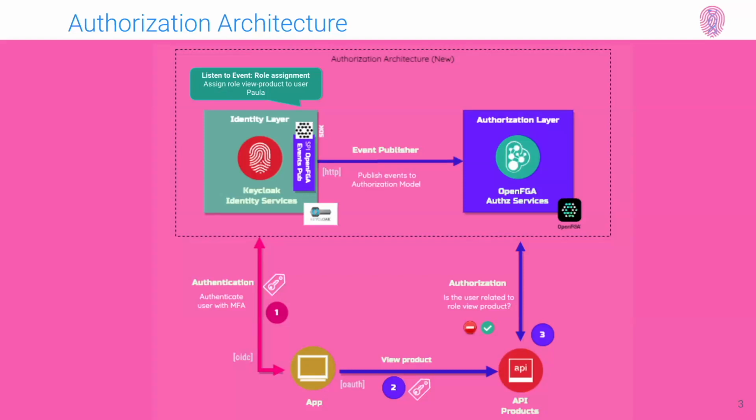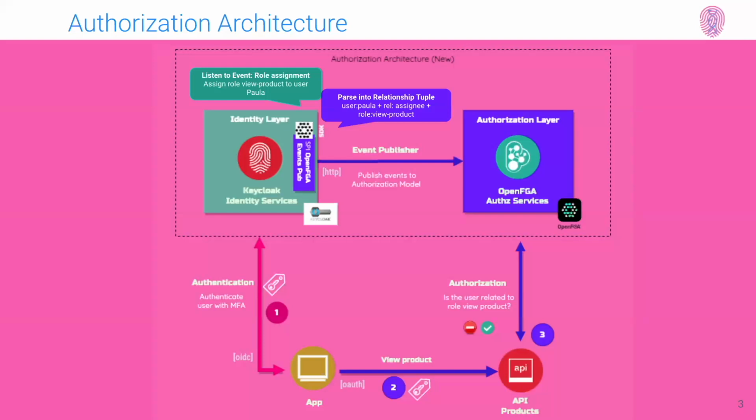For instance, if I assign the role view product to Paula, then thanks to the SDK, this event is translated to a relation tuple. In this case, the user Paula is related to the role view product as the assignee. This is a typical way to represent the relationship between a user and a role. And then the event is published directly to the authorization model in the OpenFGA server. So this is the way I'm keeping both stores synchronized.